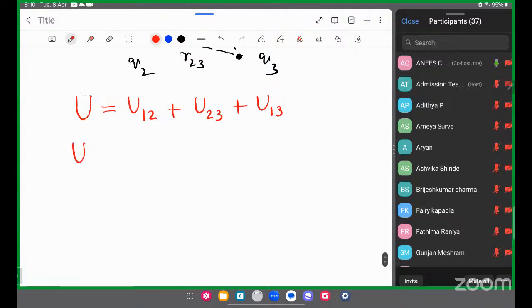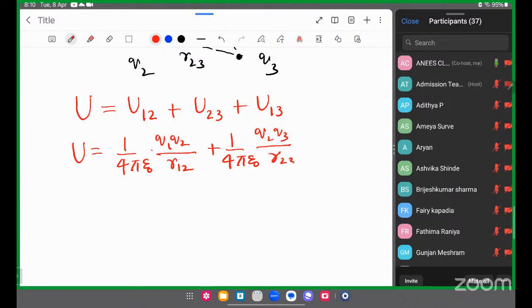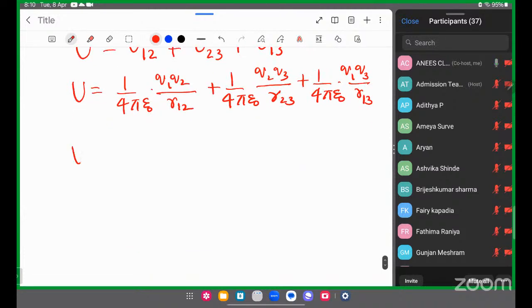So U can be given as 1 upon 4 pi epsilon naught, charge Q1 Q2 divided by separation between them, plus 1 upon 4 pi epsilon naught, charge Q2 Q3 divided by separation between them, plus 1 upon 4 pi epsilon naught times charge Q1 and charge Q3 divided by separation between them, which simply means 1 upon 4 pi epsilon naught will be outside of the bracket, and we are left with pair-wise combinations of the charges.